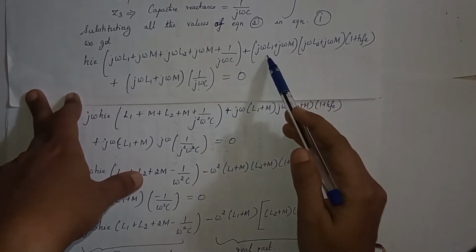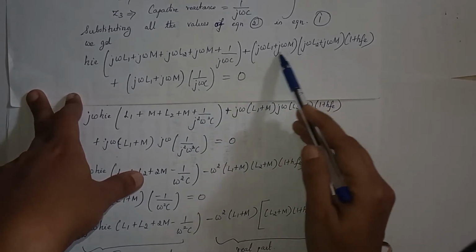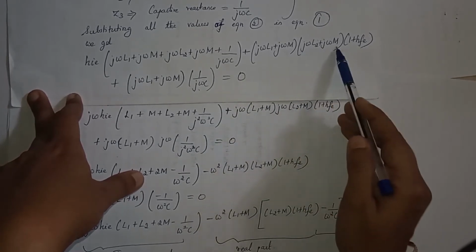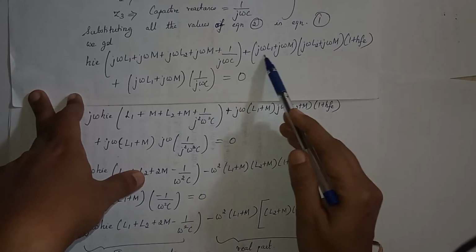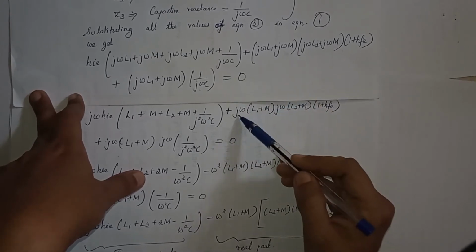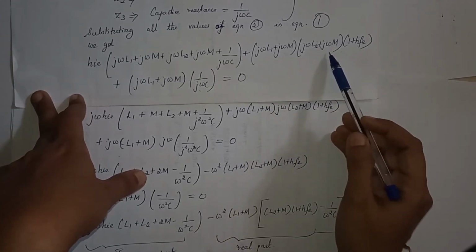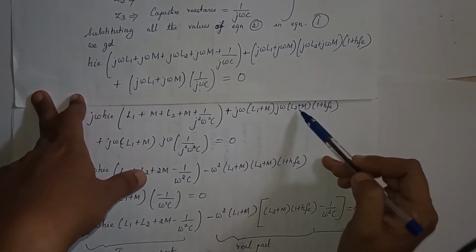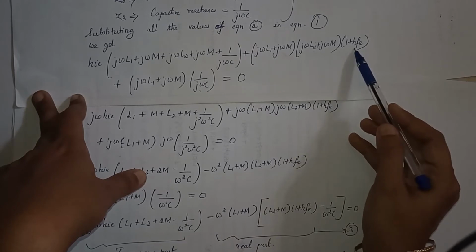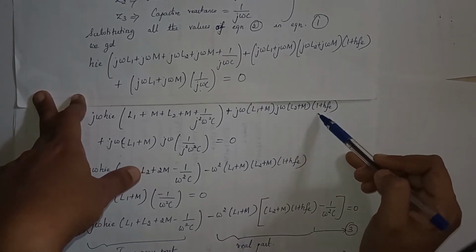Plus, if you take these two terms, here you've got j omega common and here also you've got j omega common. So if we take j omega common outside, I'll have j omega into L1 plus M, and here if I take j omega outside, j omega into L2 plus M. This term comes as it is, so it is 1 plus HFE.